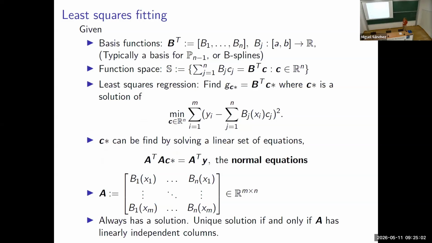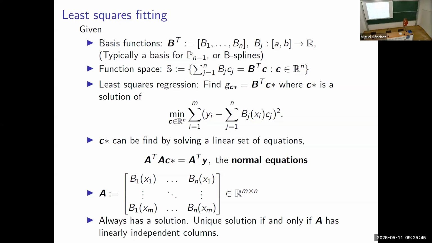Least square fitting, the way I present it, is that you're given a set of basis functions, B1 to Bn, and typically we take a basis for the polynomials of degree n minus 1, since I don't start with 0. The function space is all linear combinations of these basis functions. The linear least square regression is to find coefficients C star in the function space which minimizes the sum of (yi minus the sum of Bj(xi) cj) squared.